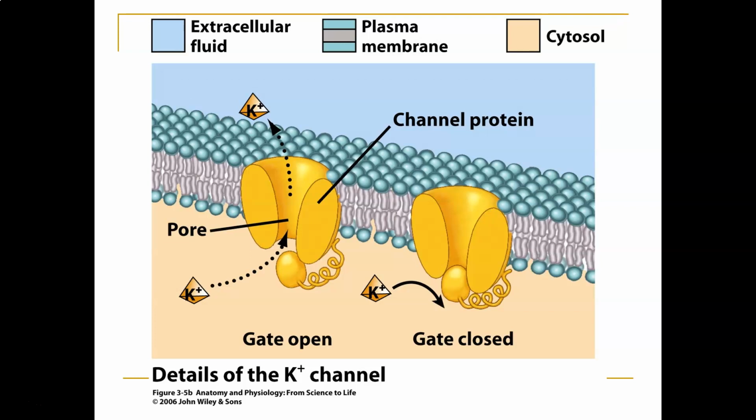And in the resting state, the gates are closed. That's why they didn't even show them to you in the previous diagram of the resting membrane potential, because they're there, but they're closed. So nothing's going through them, so they're not having any effect. During an action potential, they're going to open.